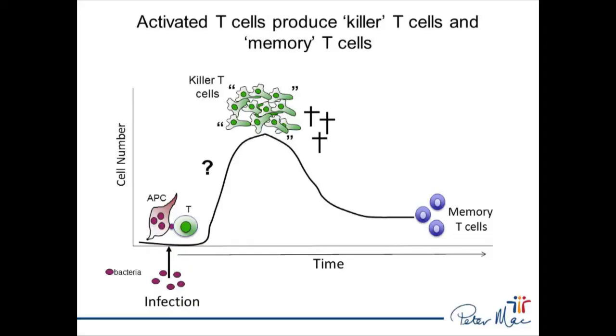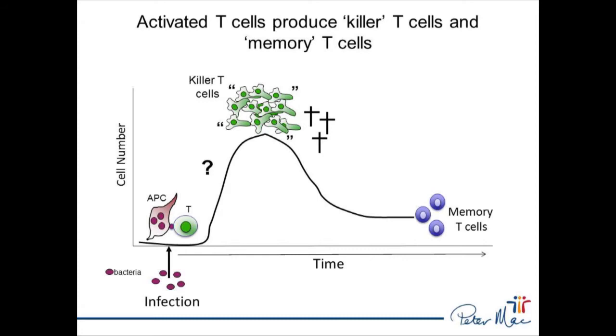And once a T cell is activated, it will multiply to produce a 10,000-fold increase in the numbers of T cells. And each of these activated killer T cells are specifically designed to recognise any cell infected with that bacteria. So these cells are destined to die following clearance of the infection, but what remains is a pool of memory cells in the body, and they can stay in the body for years.